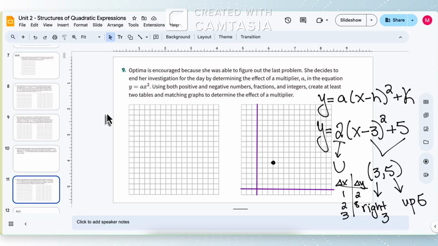Usually I go over 3 up 9, but I'm going to go up 18. Those would be my new slope counts. So there's my over 1 up 2 to the left and right, over 2 up 8. And this would be my new parabola. There's my vertex at 3, 5 with my 2 times slope shift.